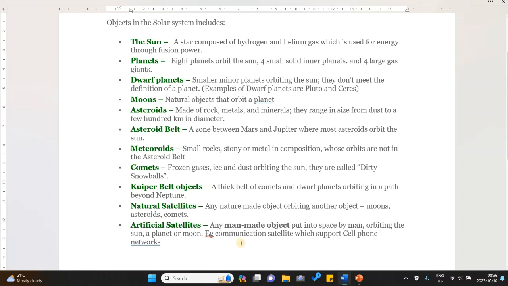Here I quickly think about communication satellites, like the satellites which are put into space, they orbit the Earth and they are used for communicating, for instance, with cell towers.